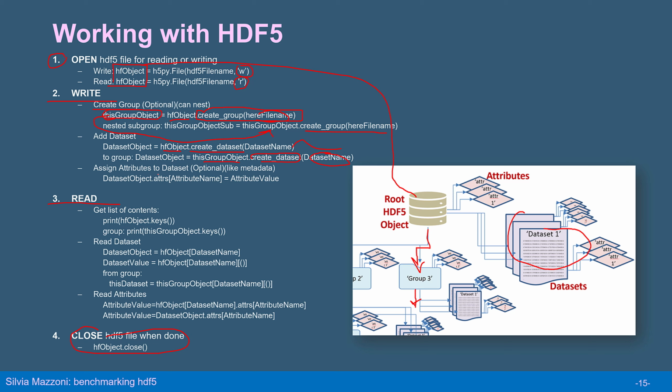And then you can assign attributes to either the data set, or you can even assign them to the root or to the group. So maybe this group could be called, you know, earthquake 1, and this is earthquake 2. Or this could be station 1 and station 2, depending on how you're grouping your data. And as I said, you can then assign attributes to the data sets themselves.